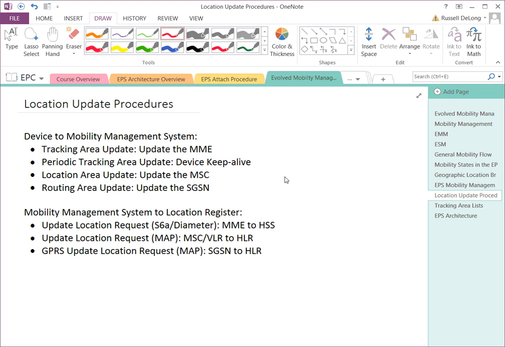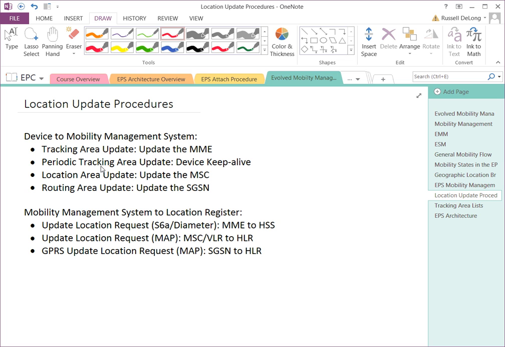He's not tied to a specific cell site. So if he crosses tracking areas, the responsibility is on the UE to update the MME and tell him what tracking area he's currently in. Periodic tracking area updates, again, just the device keep alive. Even if he doesn't cross tracking areas, he needs to send this. Location area and routing area updates, these are if the device is registered with an MSC or an SGSN.